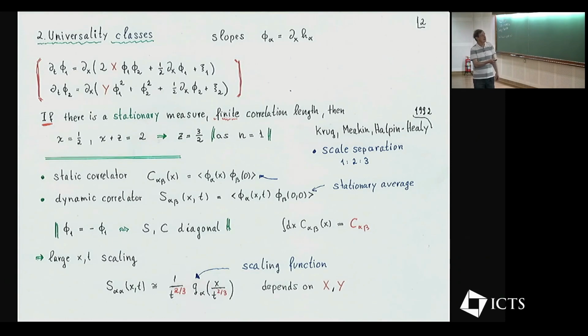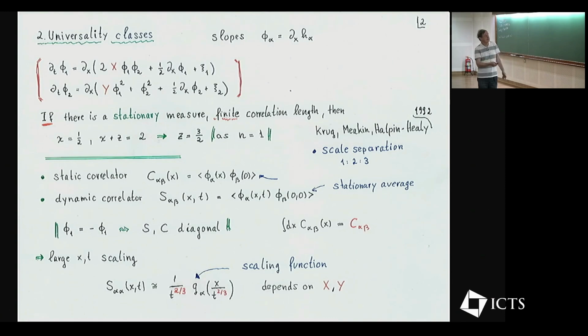Okay. So here I've written down this static correlator. And of course, now it becomes a matrix, and you can look at the dynamic correlator. So this also becomes a matrix, as a function of x and t. The average is always in the steady state of these equations.